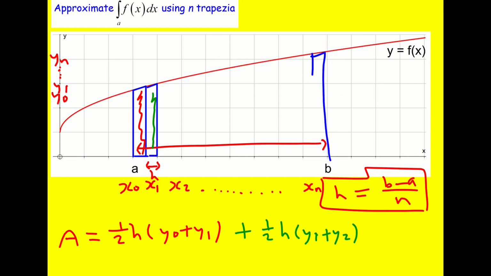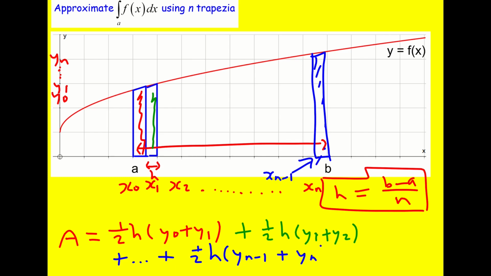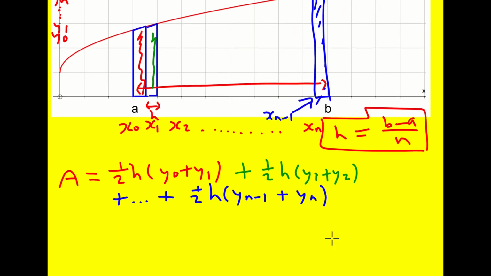Sorry, it's just a rough little sketch of it here. Then plus dot dot dot, carries on the same way, plus a half h (y n minus 1 plus yn). This point here is x n minus 1. And hopefully you can see where we're going with this.